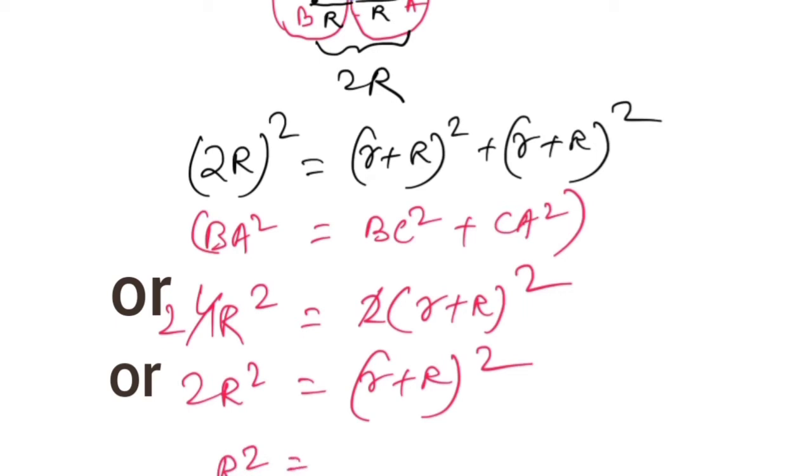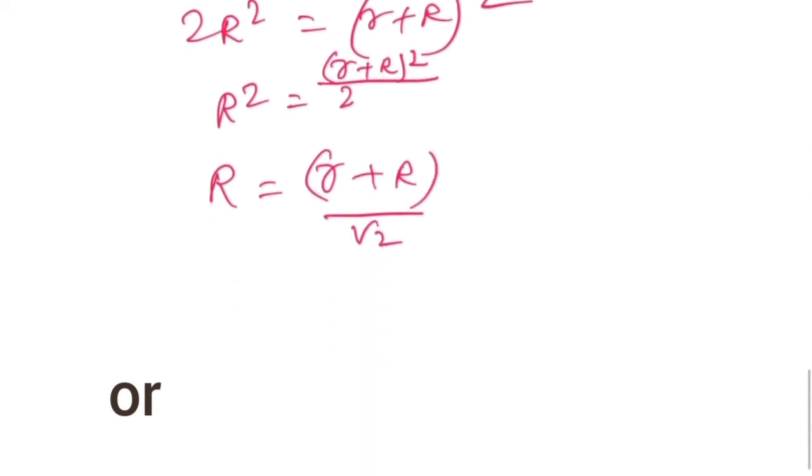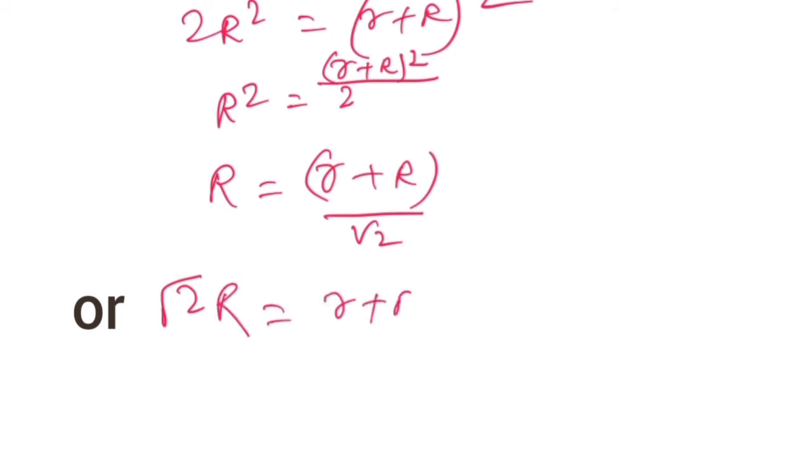or R² is equal to (R+r)²/2, or R is equal to (R+r)/√2, or you can say √2 R is equal to R plus r. √2 R minus R is equal to r.